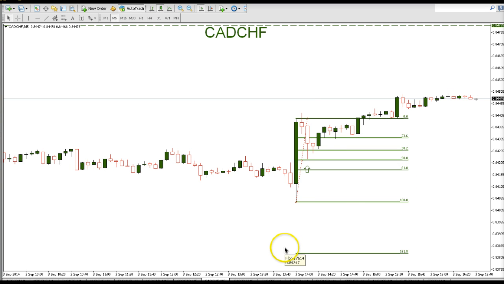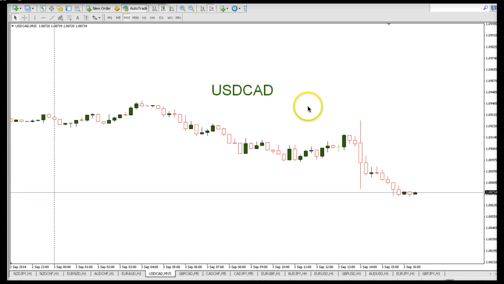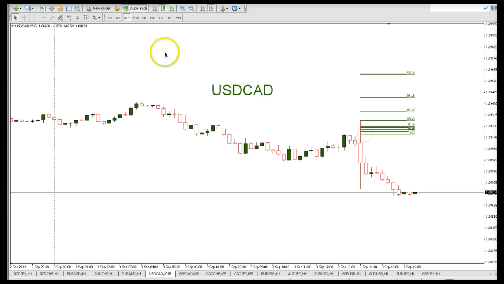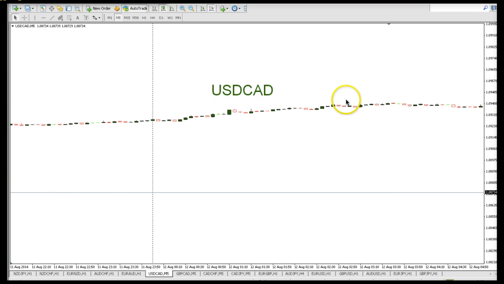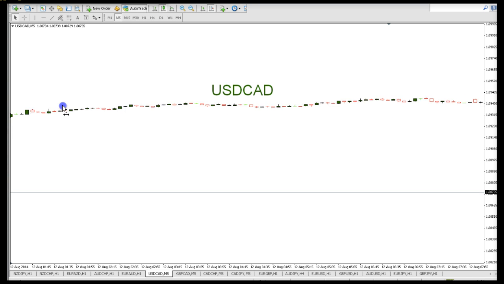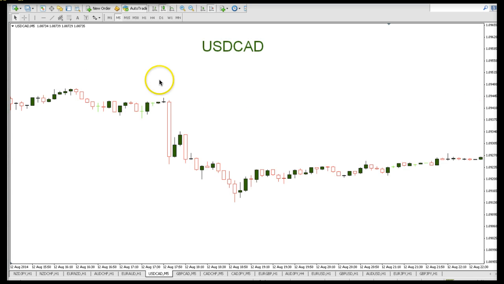And the last one is the USD Canadian dollar. There's the initial reaction. I take my Fibonacci tool. I'm sorry, I forgot to switch this over to 5-minute chart. Bear with me just a second. Okay, we're back on the 5-minute chart. Here's the initial reaction to the news event.